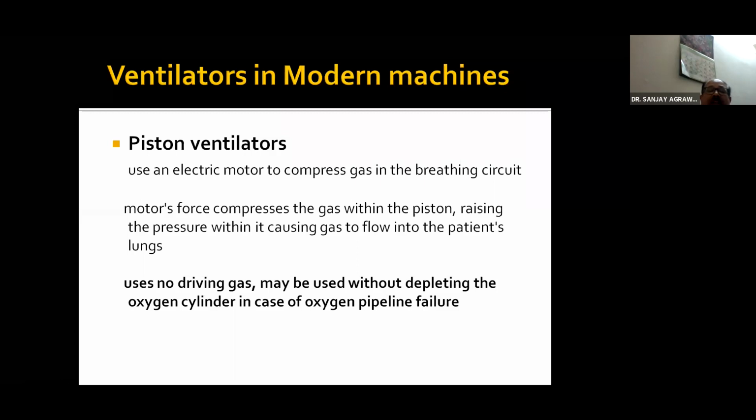The other advantage is that a single piston can deliver right from 20 ml to 3 liters. Those who have seen older machines will remember that for pediatric patients we had to change the ventilator, and for an adult we again had to change the ventilator. But here, right from 20 ml to 3 liters can be given by one single machine at one go.